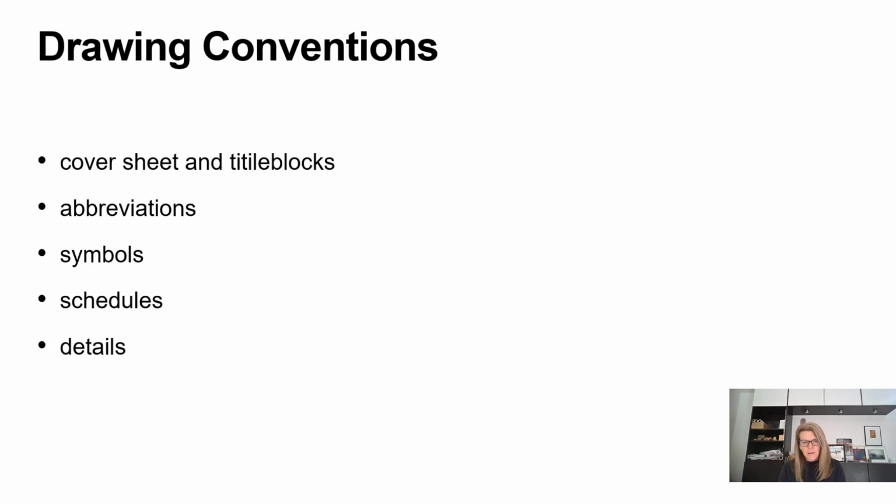The title block is also probably the first place that you want to look when you're going through a set of documentation, because it's going to identify whether it's architectural, mechanical, plumbing, electrical, or civil. That's going to be indicated on the title block as far as which part of the project you're looking at.